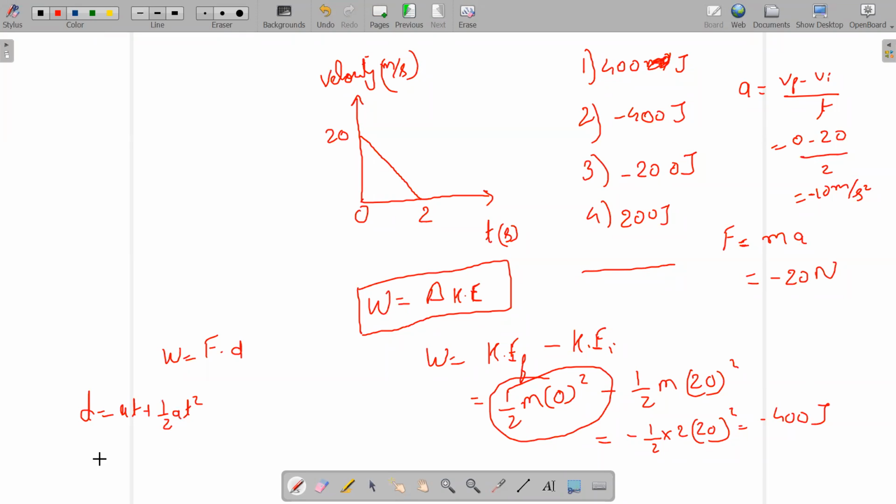You can also use force equals mv by t, the change in momentum, correct.